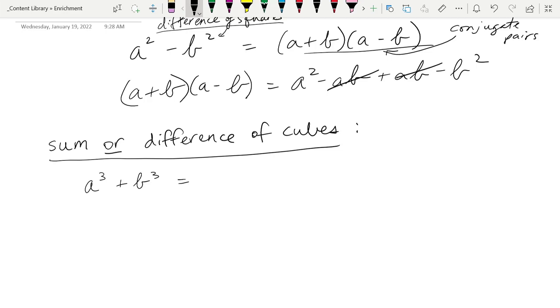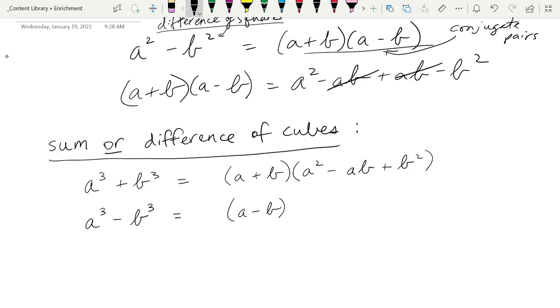It factors to a plus b times a squared minus ab plus b squared. And if you had a difference of cubes, you'd get a minus b times a squared plus ab plus b squared.